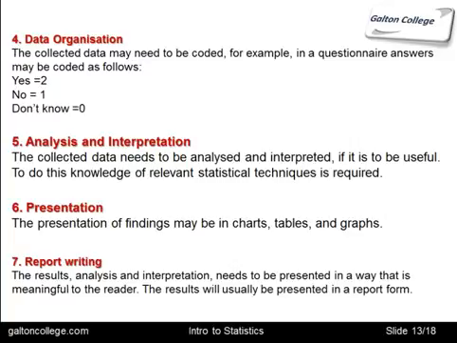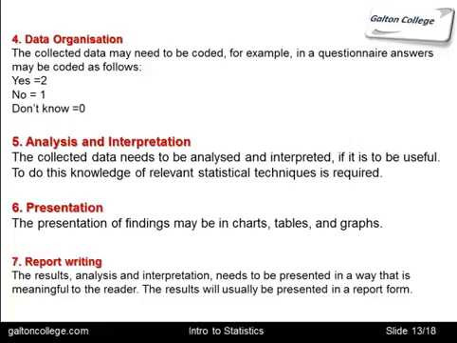Data organization. Sometimes the data needs to be coded, and coding it may be a problem as well. Again, a video later in the course, but we might want to code it as yes is equal to 2, no is equal to 1, and don't know is equal to 0.